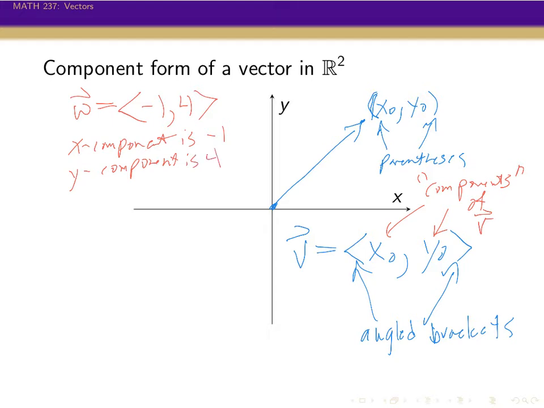And what the w vector does is it moves you left 1. So starting at the origin, you move left 1. And then you go up 4. And that's what the vector does. So vector w moves you left 1 and up 4. We'll get into talking about its magnitude, but it has some length that it's moved you, and it has some specific way that it's moved you.